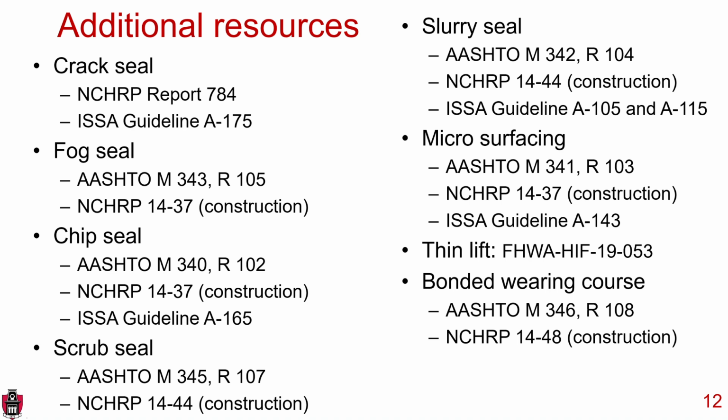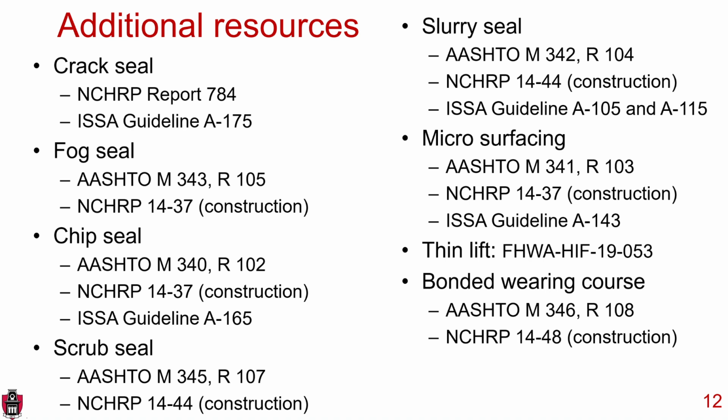Folks, there are a lot of good resources here. If you're interested in any of these treatments, I encourage you to get your hands on as many of these resources as possible. Everything listed on here, except the AASHTO material standards and design standards, are free to download.